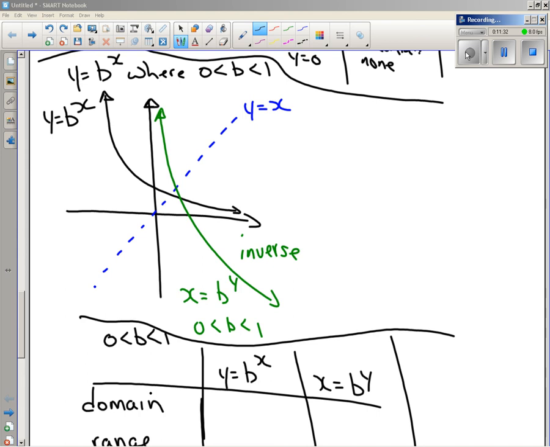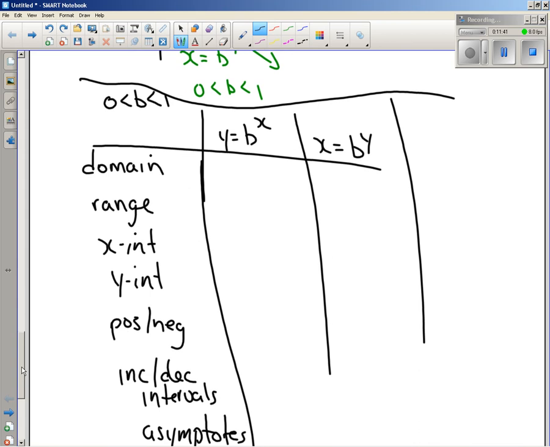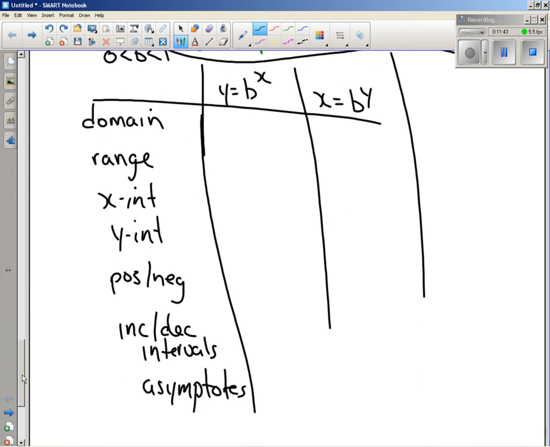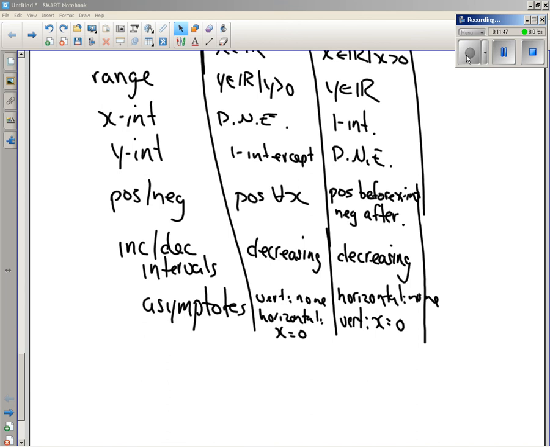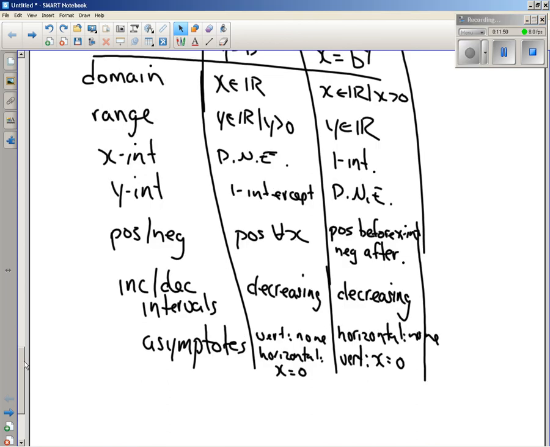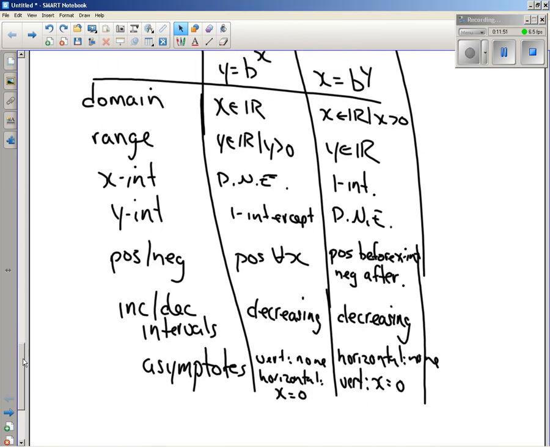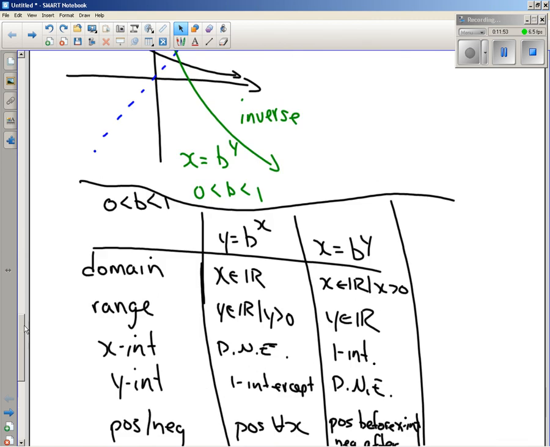So this is a general graph of that exponential function. We have a graph of the inverse in the green, and we can go through and fill out the same chart that we did before, for an exponential where our b value is between 0 and 1.